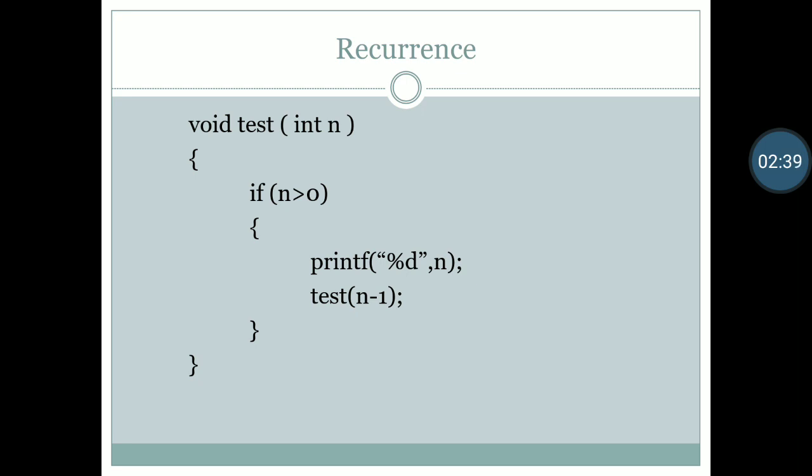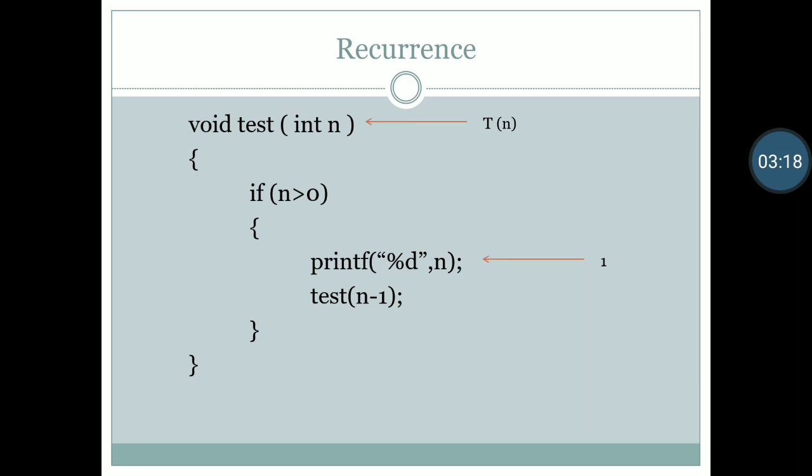For this function, suppose the time complexity is T(n). Just ignore the if condition right now; we will discuss why we are ignoring it. Consider the printf statement. In this test function, the printf statement will execute only one time, so its frequency is 1.